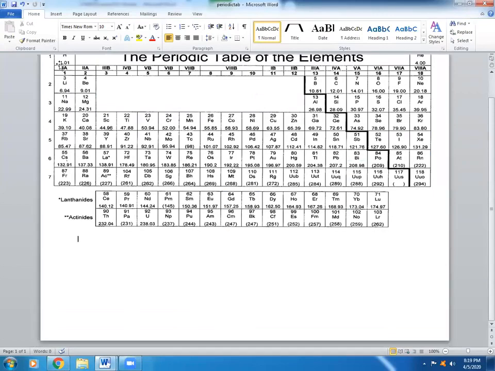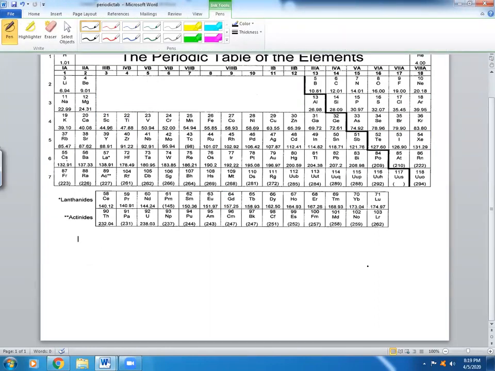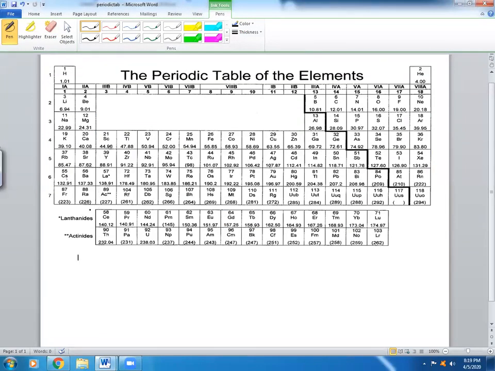Let's say I'm asking you on the test to give me the effective nuclear charge for an element, and let's say this element is oxygen.